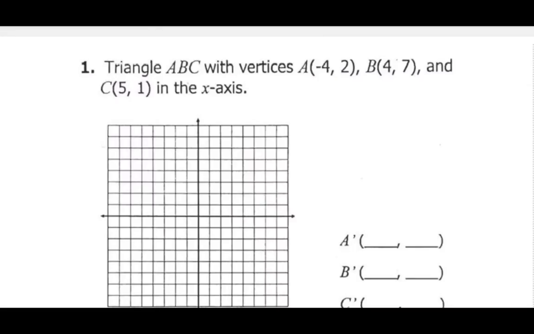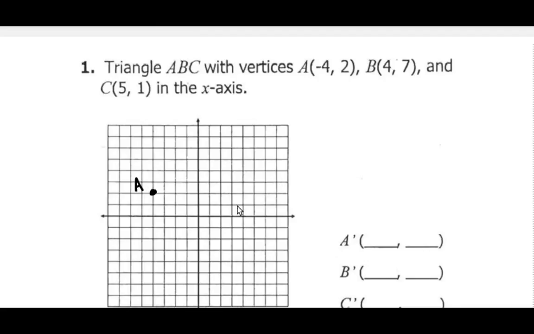Now, one thing that's important is we're going to have to label these points. Okay, so let's start with A. So A is -4, 2. So I go backwards 4, up 2. It's very important that you plot the points correctly. If the points are plotted incorrectly, your answer is going to be completely wrong.